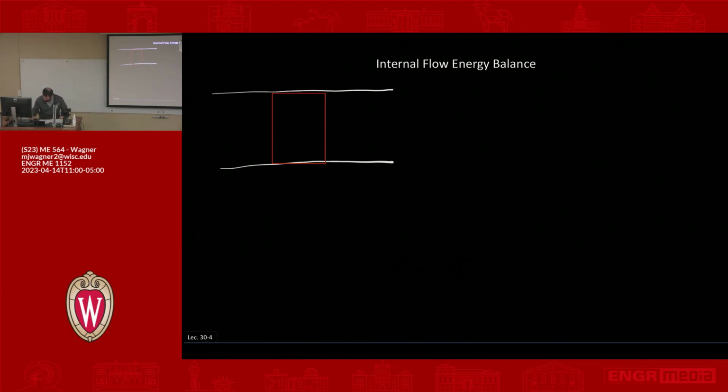Going in from this side, on an energy basis we have mass flow coming in, m dot times enthalpy I at position x. This is dx wide. And then leaving, we have m dot I at x plus dx.